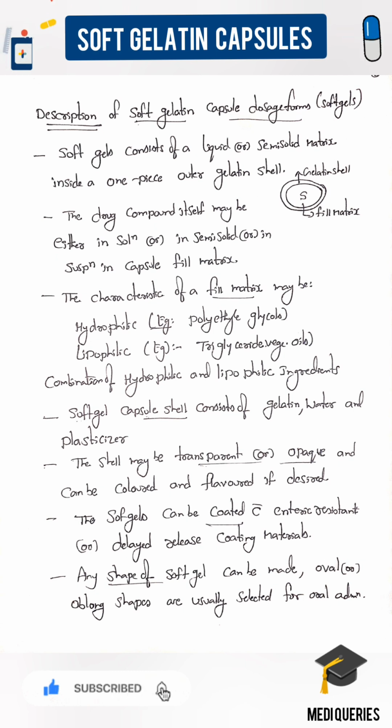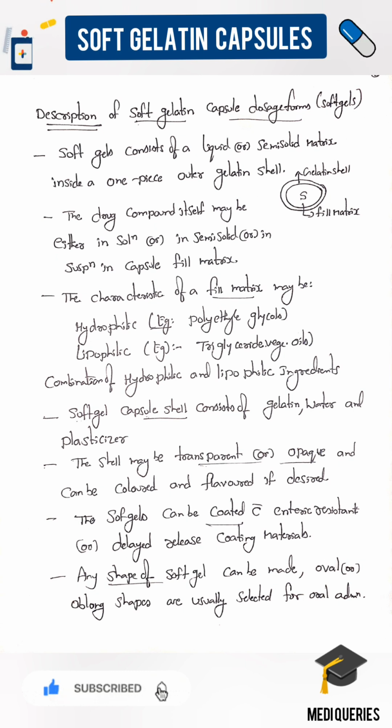The drug compound itself may be either in solution, in a semi-solid, or in suspension in a capsule fill matrix. The characteristics of the fill matrix may be hydrophilic, for example polyethylene glycols, lipophilic, for example triglyceride vegetable oils, or maybe a combination of hydrophilic and lipophilic ingredients. So this is about the fill matrix.